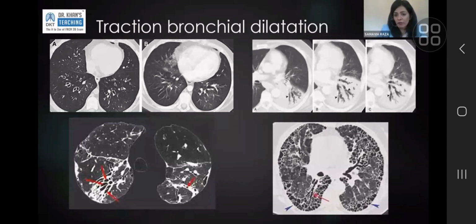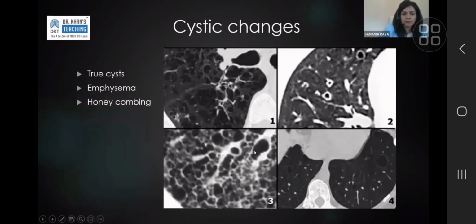You have to recommend follow-up, because in most cases that will resolve when that patient improves. When that consolidation resolves, you would see that the bronchi will go back to normal. So within active infection, within active inflammation, you can see dilated bronchi, and you can't label that as a permanent change. You can't label that as ILD or primary bronchiectasis within active consolidation, was the point I was trying to make.